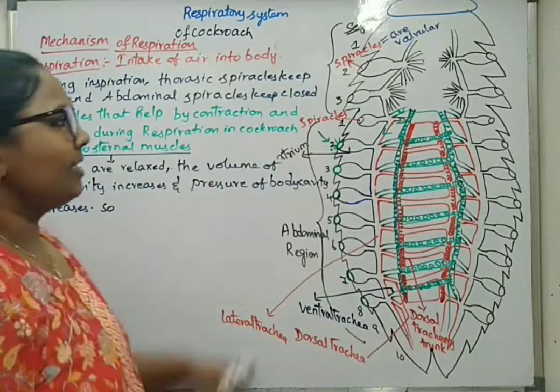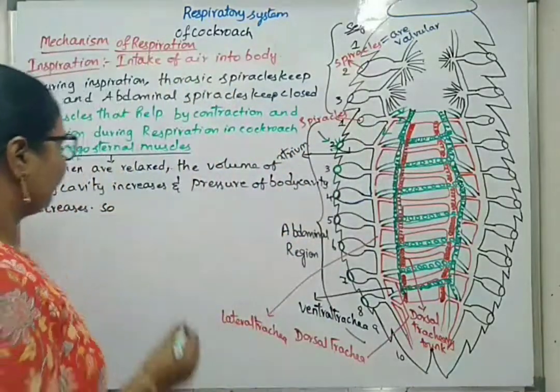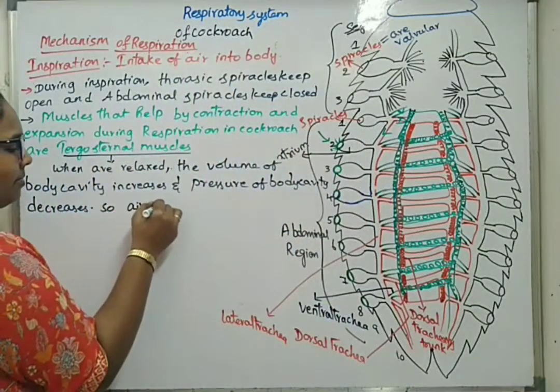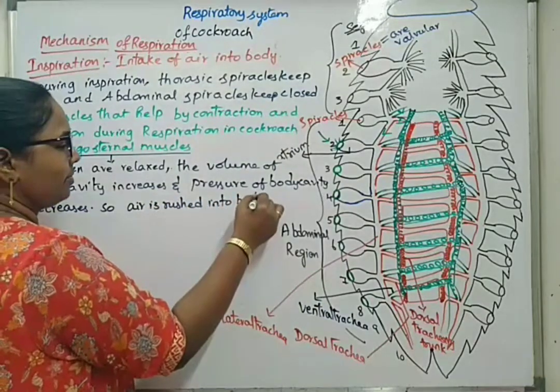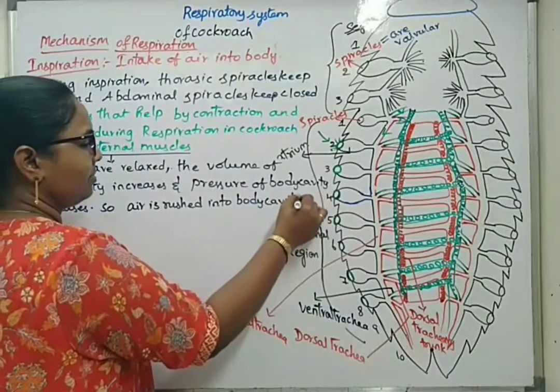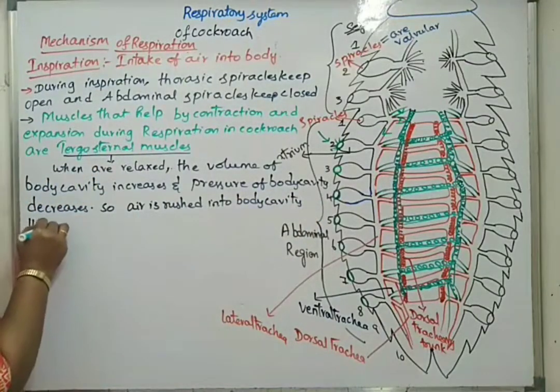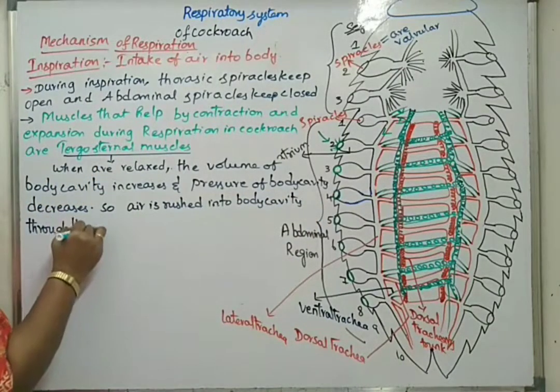So, air is rushed into the body through thoracic spiracles.